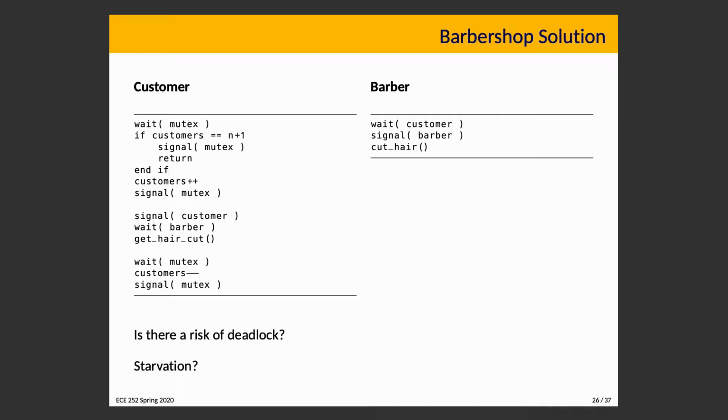Okay, so what is up with signal barber? I mean, we're the barber. Why are we signaling on that? This is something that I was referring to somewhat earlier when I said that sometimes the order in which things happen, or the names that we assign to things, make more sense from one perspective than the other. So the barber is going to wait for a customer.